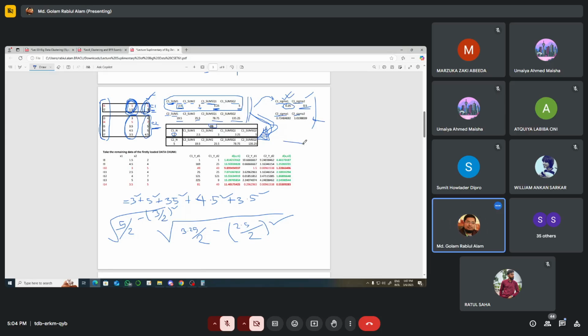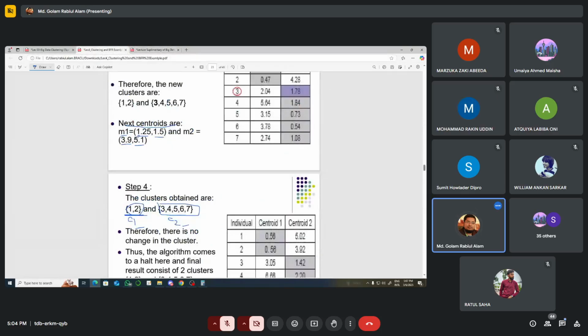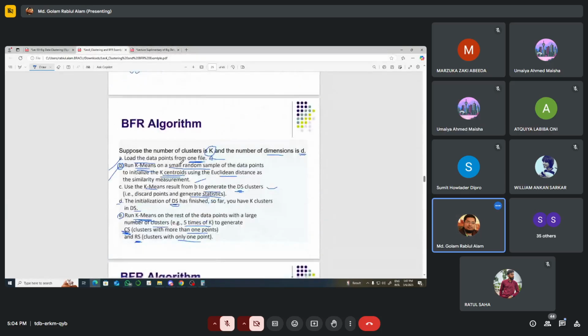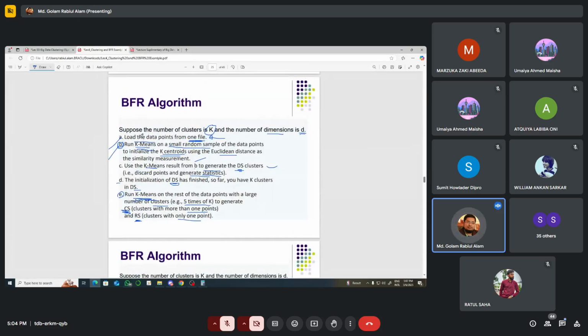Okay, so those are the necessary things. Now, according to our algorithm, here: load data points, run k-means algorithm, and use k-means to generate the DS. Here we got the DS clusters. The initialization of DS has finished. So far you have k clusters in DS. We already got the 2 clusters in DS.